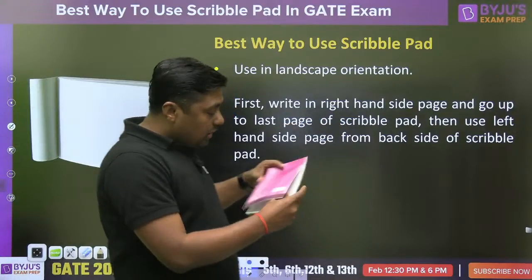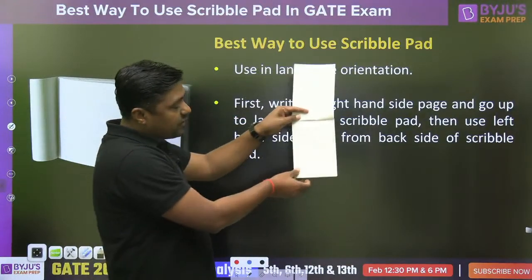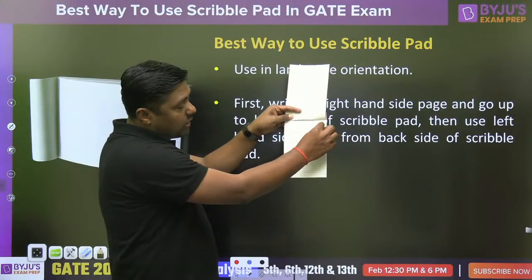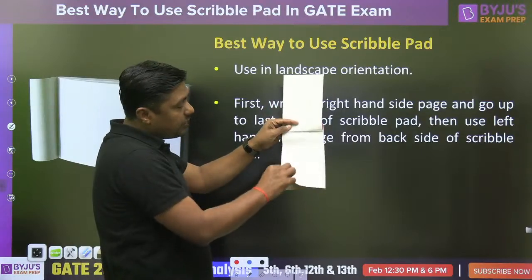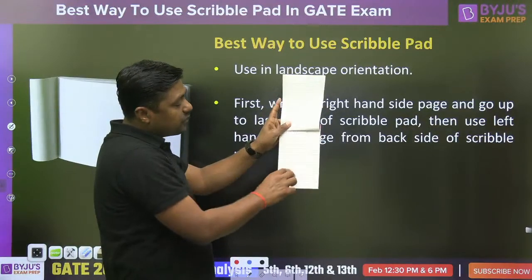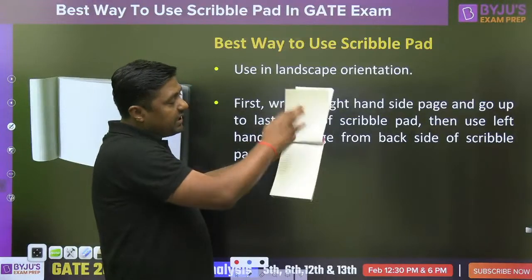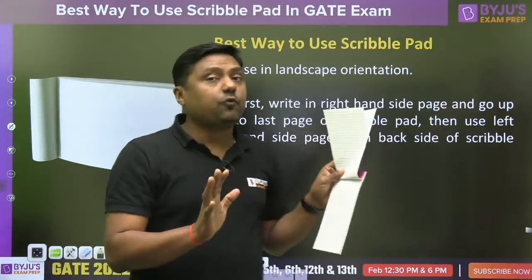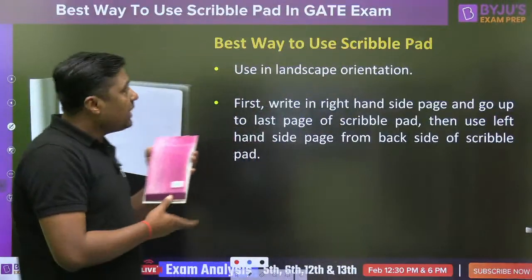Now a number of students have the habit of using the Scribble Pad like this. This is the first page. They will write page 1, then second page, third, fourth, fifth, sixth, and so on, 7, 8, 9. Total 24 pages, right? This is called portrait style.